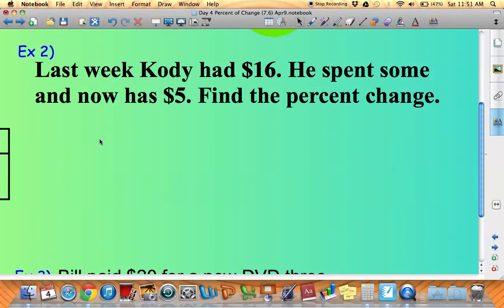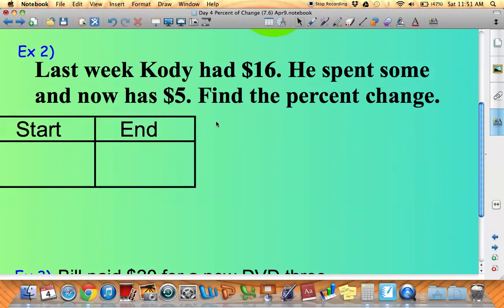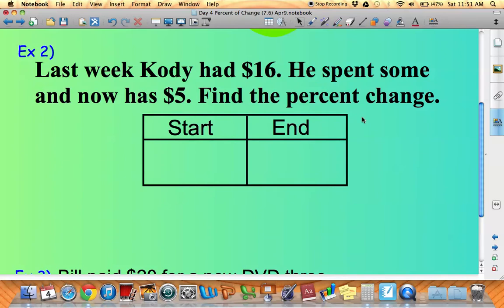Okay, so what always helps me is to give myself a really nice visual of exactly what's the start, exactly what's the end. As I said before, for the most part, order really matters. Since it says last week Cody had 16, that comes first, we're comparing that to what he has now. 16 would be the starting amount.